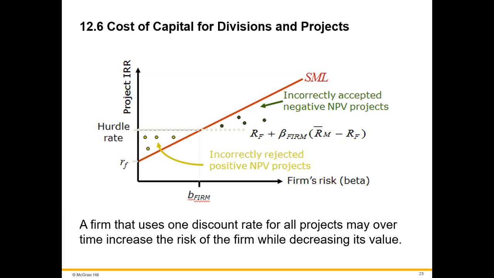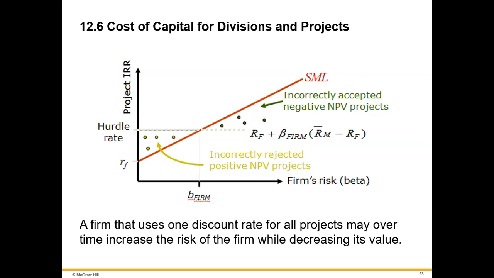We have to make sure we're updating that. Also, sometimes we may need to use a required rate of return for a project, and maybe a different required rate of return for the company as a whole. So that's what this picture is depicting.